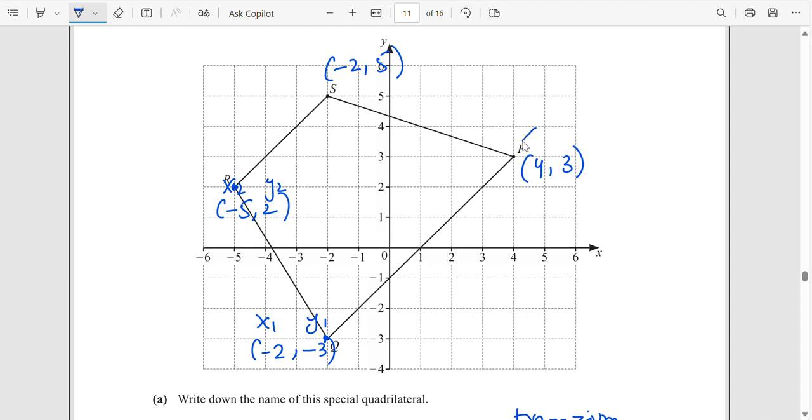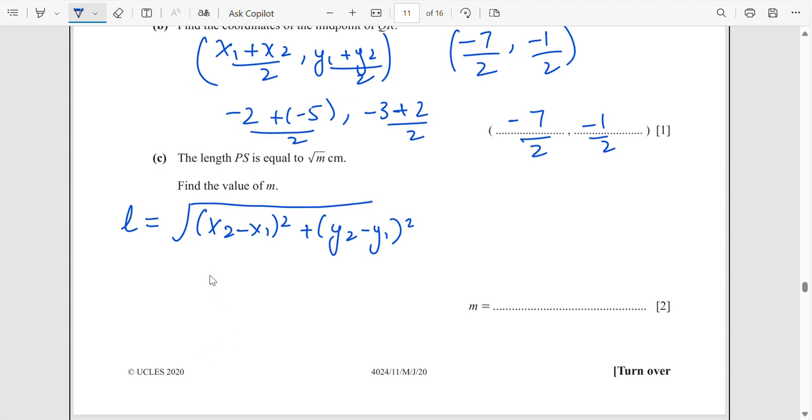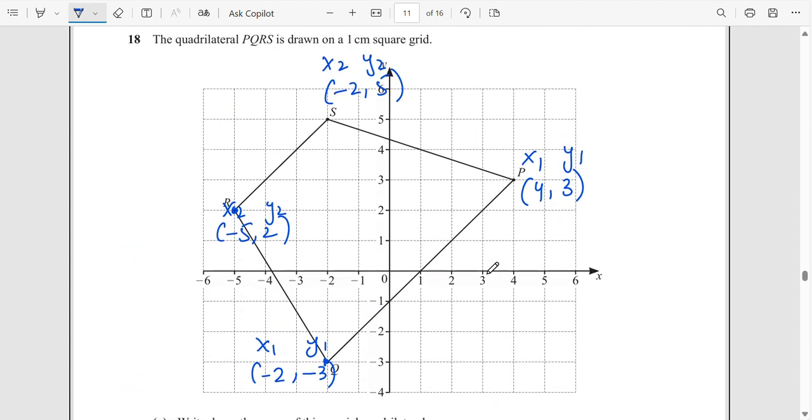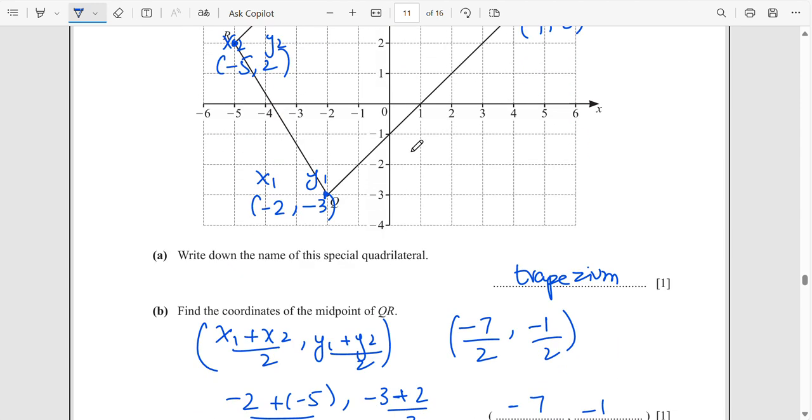So this is our x1, y1, x2, y2. So x2 is 4 minus x1, which is -2, and y2 is 3 and y1 is 5.